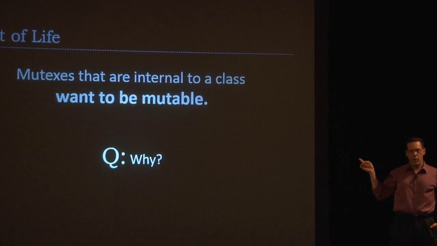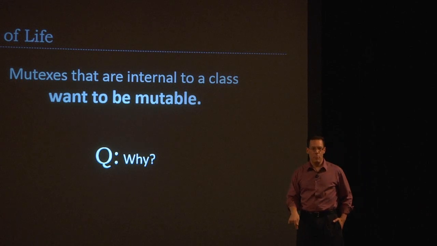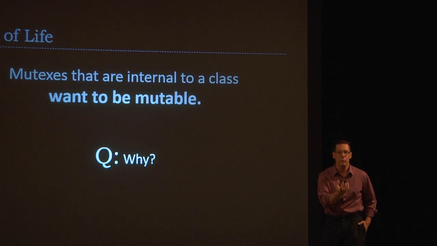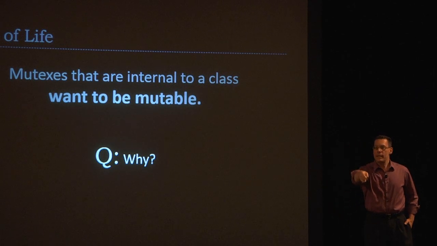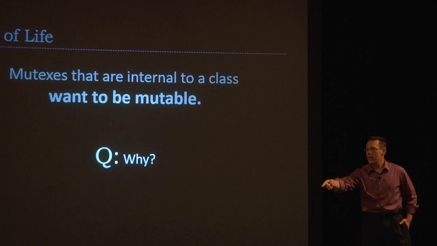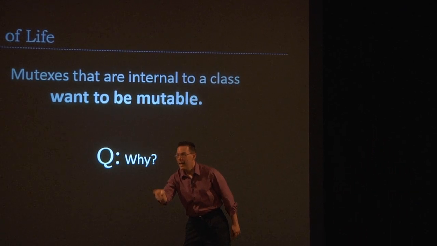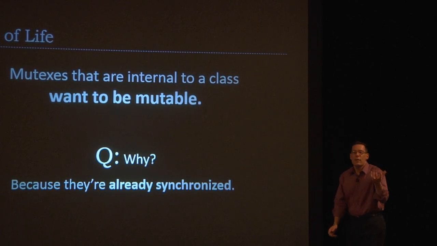Mutexes, as we just saw in that code example, that are internal to a class want to be mutable. Why? What is the fundamental reason why they want to be mutable? Because they're already thread safe. They are synchronization objects.